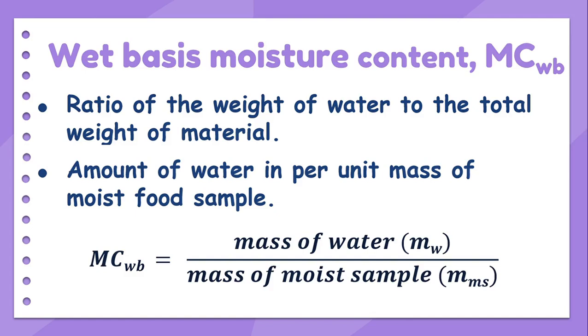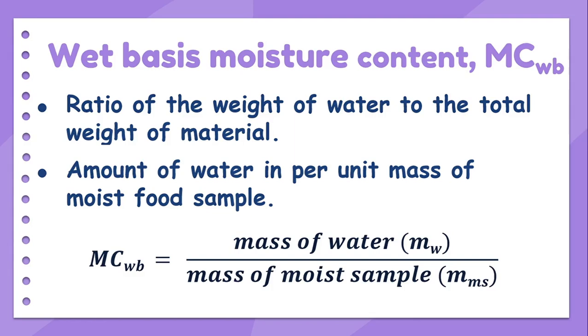The term moisture content used in food industry usually refers to wet basis moisture content. It can be used as indicator for food products and food ingredients quality. For example, some flour mills limit the wet basis moisture content of flour to be not more than 14%, as greater value may affect the quality and shelf life of flour.